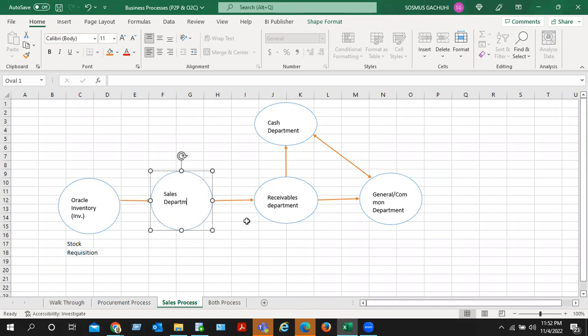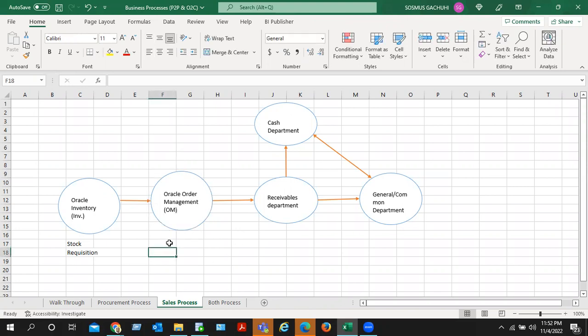we have an application by Oracle called Oracle Order Management, OM. Okay. Under this application, we usually record sales order. We also book sales order.